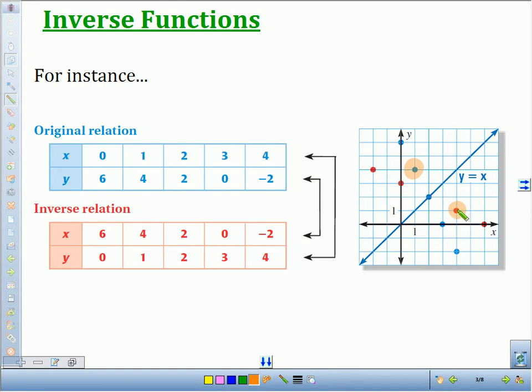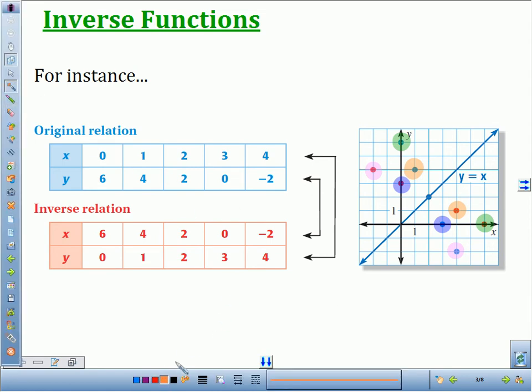You can see they're reflected along this line. Ditto with this point here in my original, reflected to this point in my inverse. We could keep going. So my inverse and my original have this reflection going on.